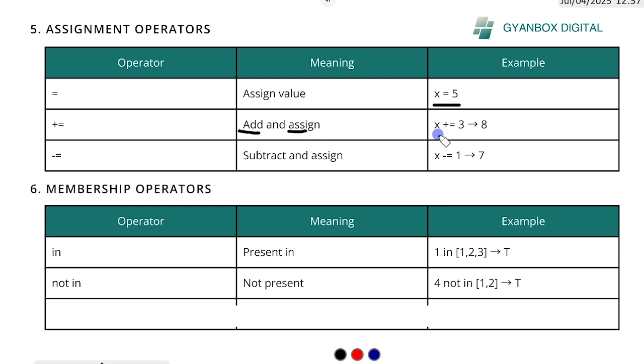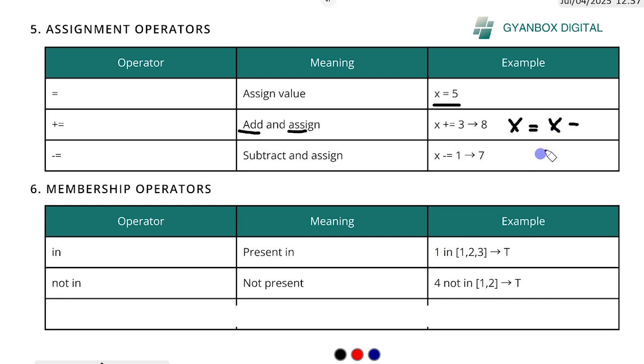Let us take a simple example, x plus equals 3. Considering the value of x equals 5, and then I say x plus equals 3. This is ideally resolved as x equals x plus 3.